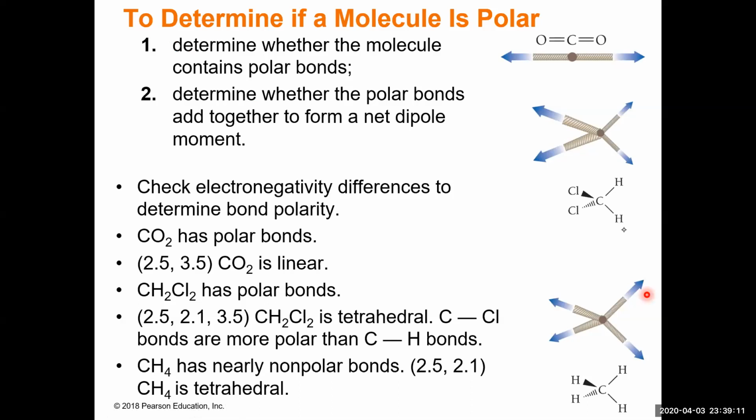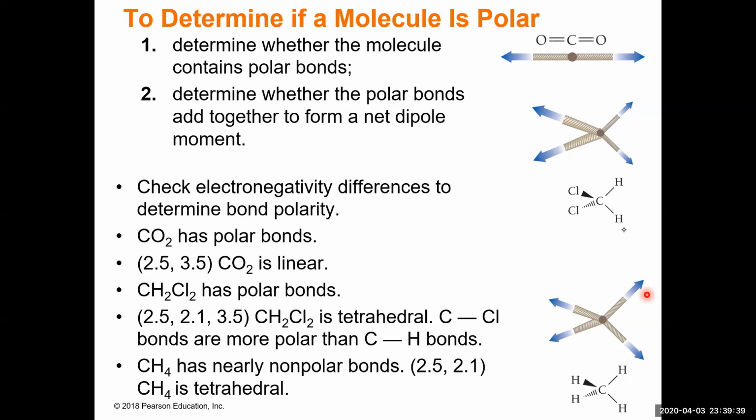We need to know how to determine if a molecule is polar or nonpolar. We had done something similar in a previous chapter, but we should review it here. First, we want to determine whether the molecule contains polar bonds. For that, we need to look at the electronegativities of both of the atoms that form that bond.